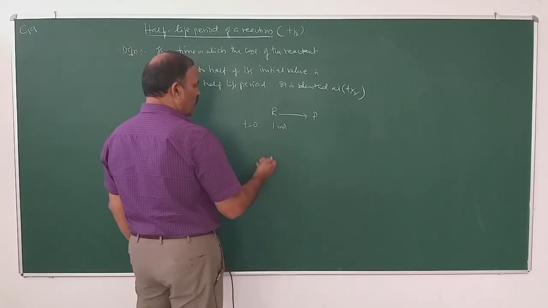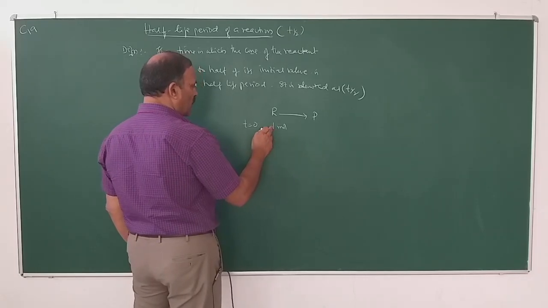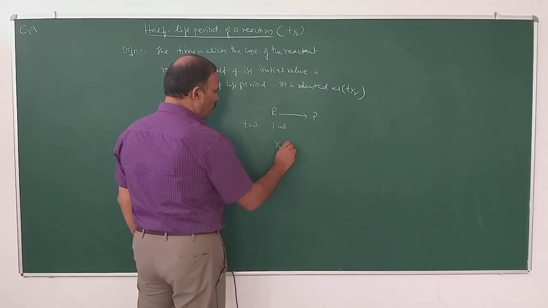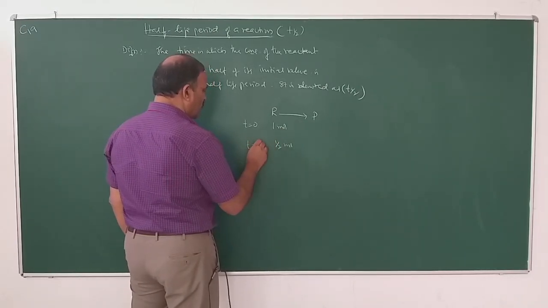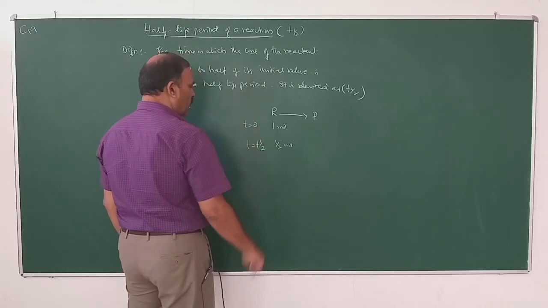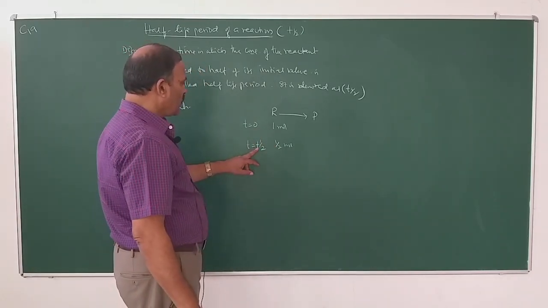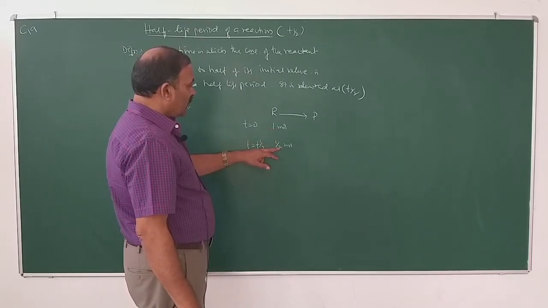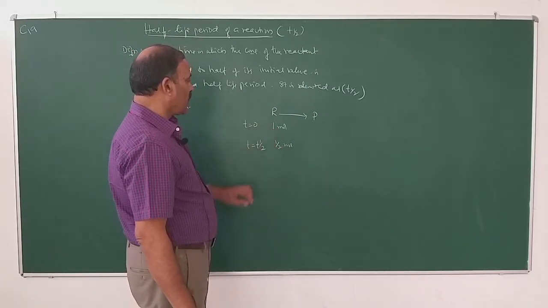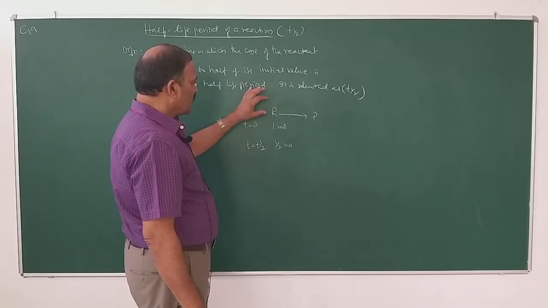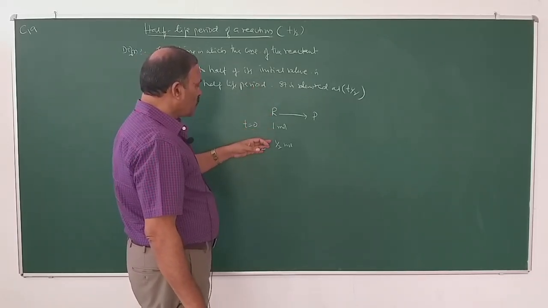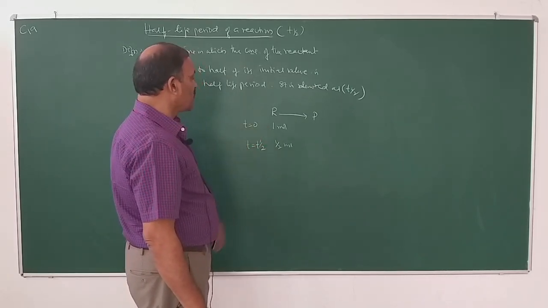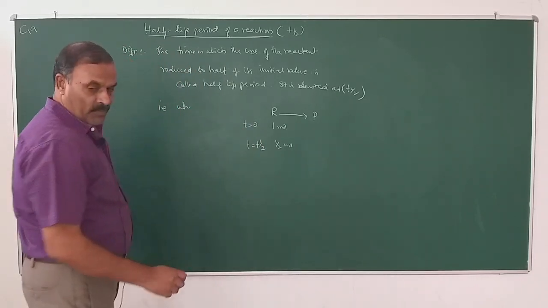So the time required for this concentration to reduce to its half value, 1 mole, half value means half mole. What is the time required? That is the half-life period. The time in which the concentration of the reactant reduces to half of its initial value is called the half-life period.